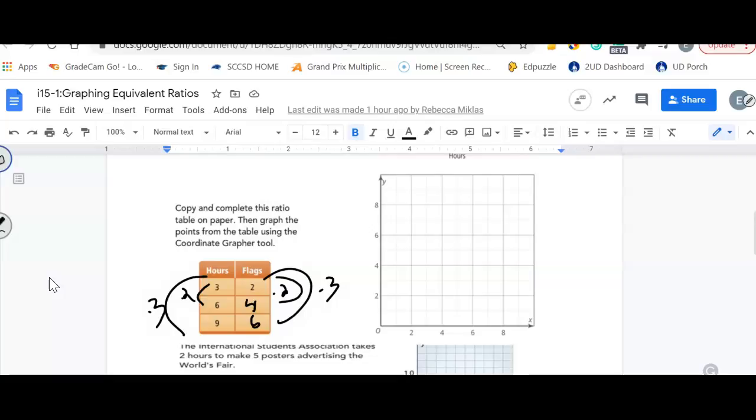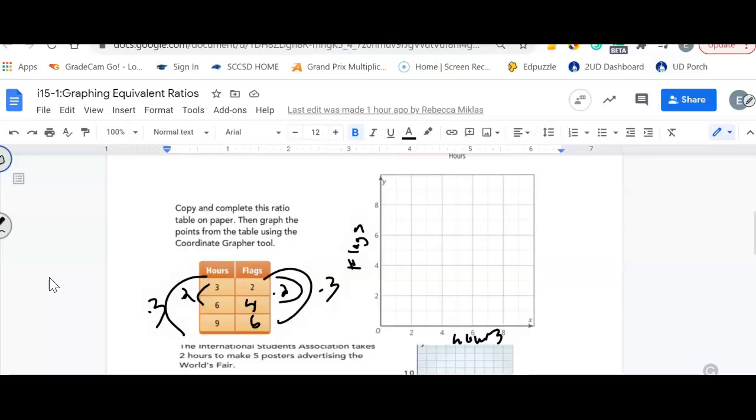The x-axis is going to be represented by what? Gabe? Hours. Means the y-axis is going to be flags. That is going to be really important in your science career, that you label all of your axes when you graph. Okay?